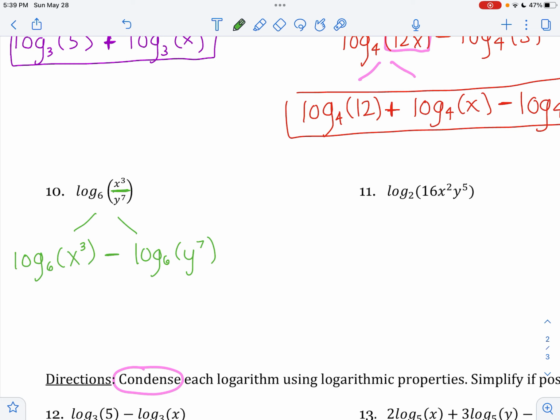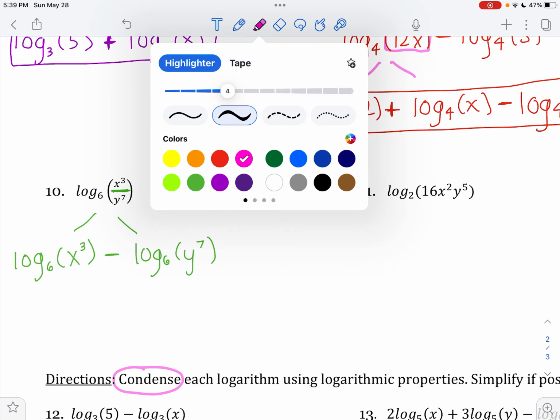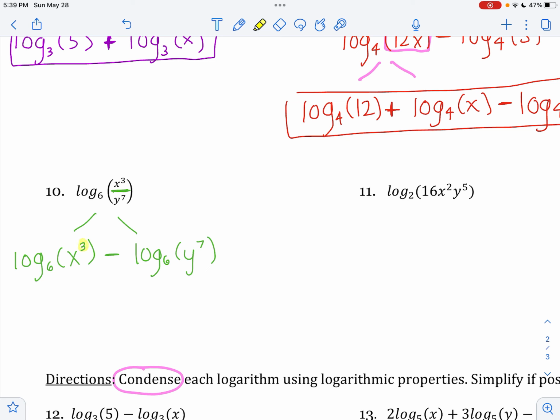Now, lesson 4 teaches us, remember there's one extra step in lesson 4, and that extra step was to take whatever you have in the exponent. If you do have an exponent, you're going to take it and bring it down to the front. So now it's going to be 3 log base 6 of x minus 7 log base 6 of y.